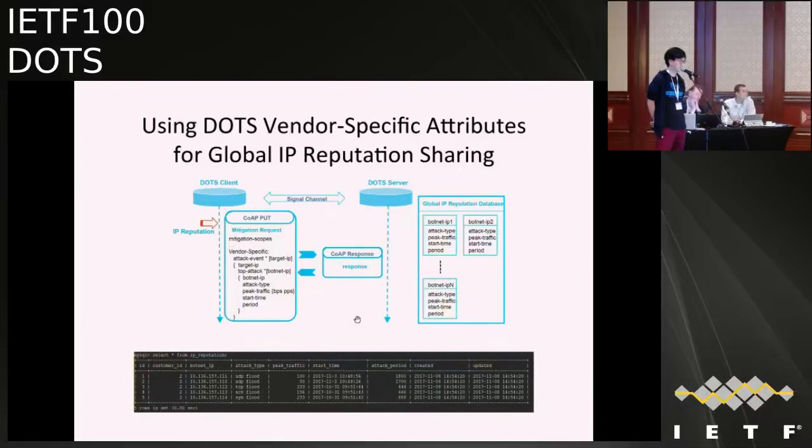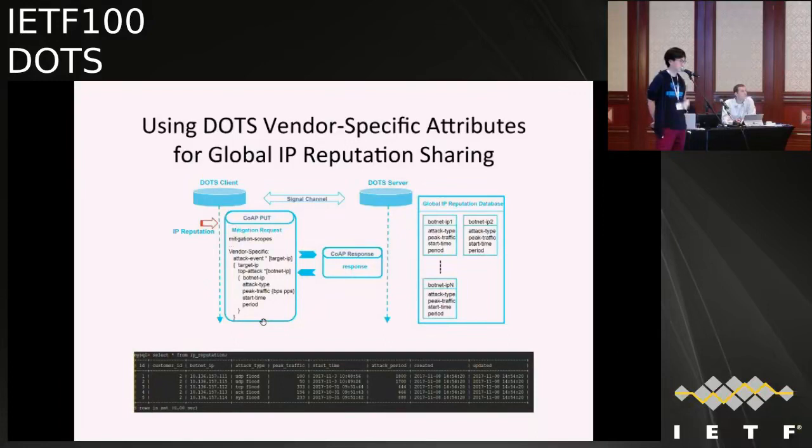That means that if the DOTS client can analyze the attack information and send the identified attack source information to the DOTS server, this information can be shared as intelligence with the other clients. We extended the current protocol, which we think is a very minimal function set, to test whether it can be valuable for more functions.